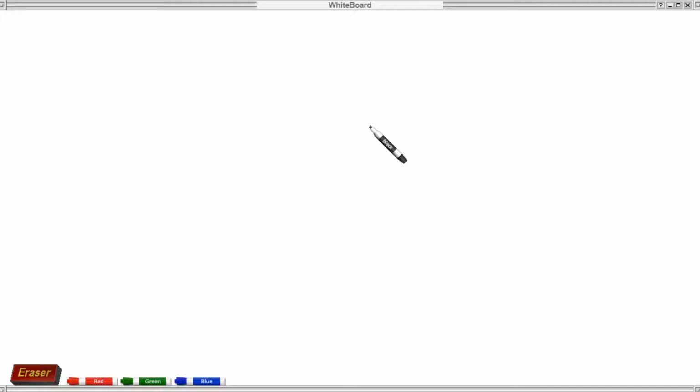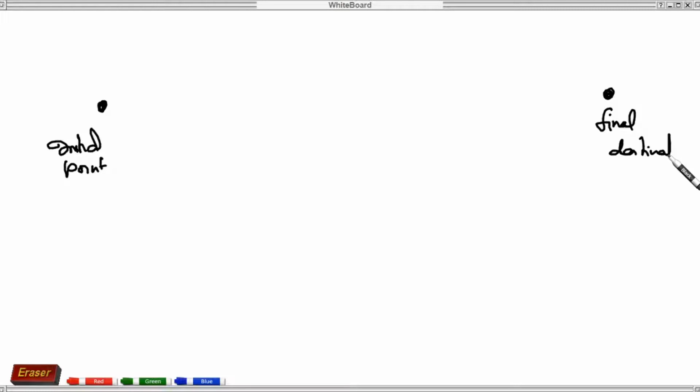So suppose this is our initial point. This is our final destination or final point. This is the distance traveled.